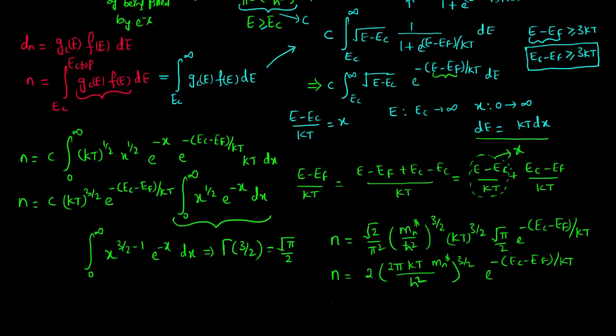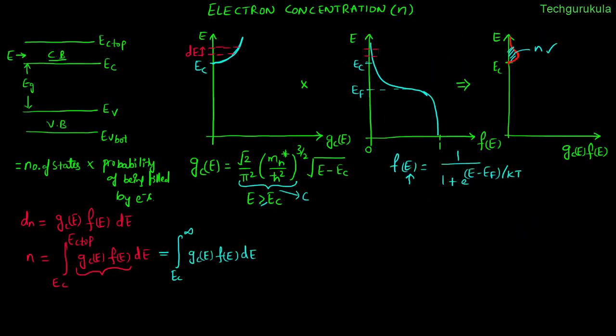And now we can write this whole constant to be Nc, so n is equal to Nc times e power minus of Ec minus Ef over kT. So this is our final expression for the electron concentration in conduction band, where Nc is given by this constant.